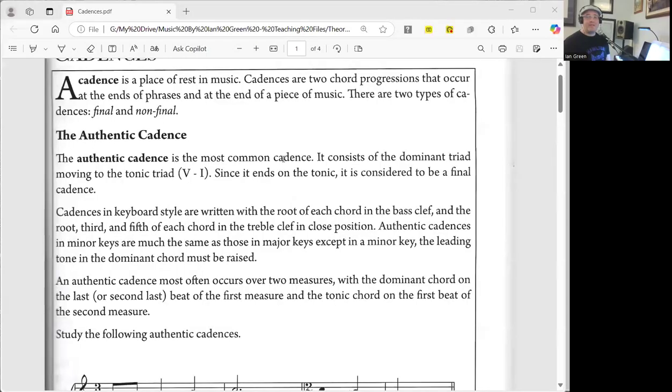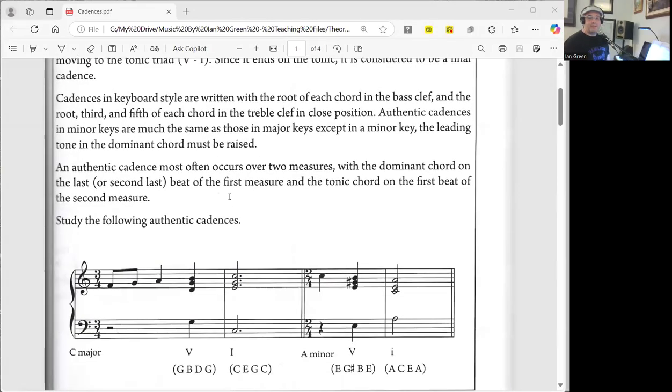Let's go over to the shared screen here. We'll go over what the different cadences are that we're going to be using, and also how to answer the questions. As we know from previous tutorials on this topic, the authentic cadence contains the triads or chords of the dominant going to the tonic, also known as 5-1.